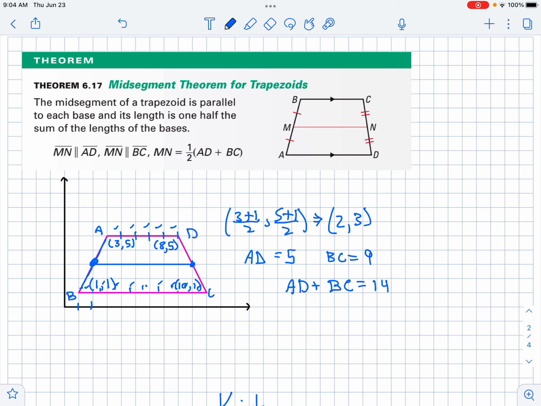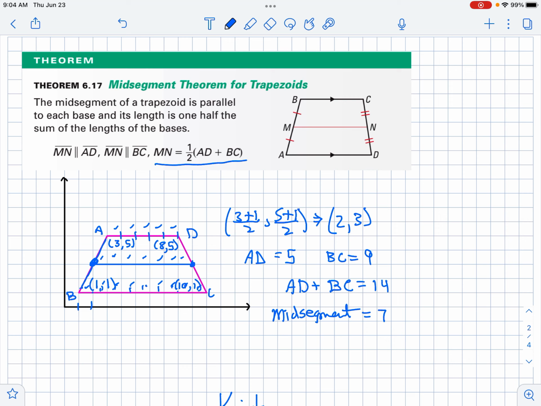Now, remember what the length of the midpoint segment is here. It's 1, 2, 3, 4, 5, 6, 7. So the mid segment is equal to 7. And notice that's half of that 14.